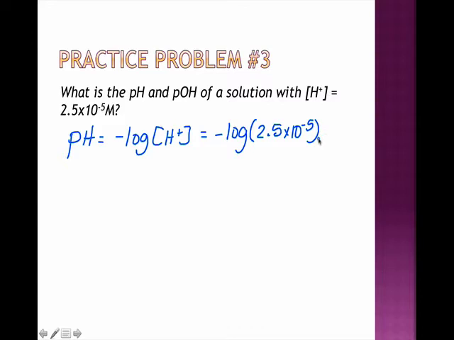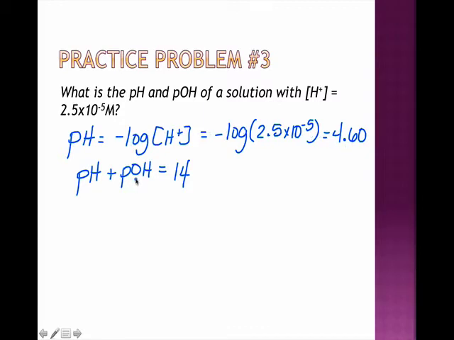So with this one, when I punch that into my calculator, I end up with 4.60. So this equals 4.60. That's my pH. We just said also that the pH plus the pOH always add up to 14. Well, now I know that the pH is 4.6.